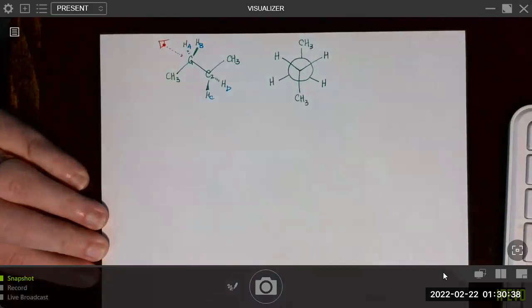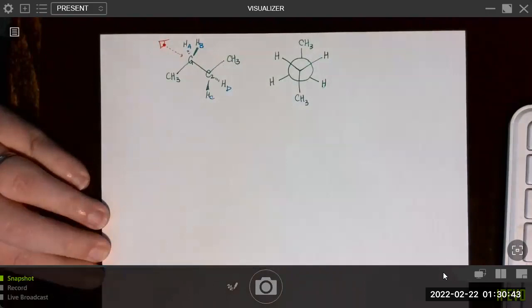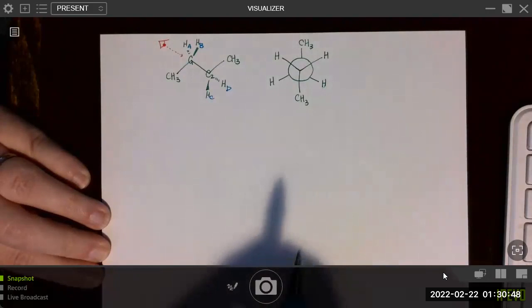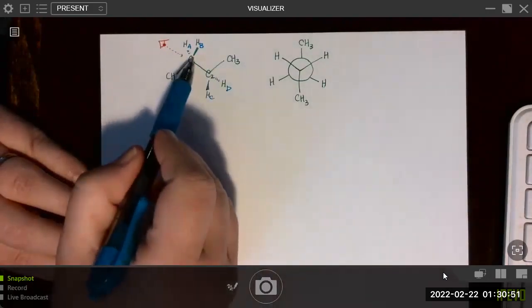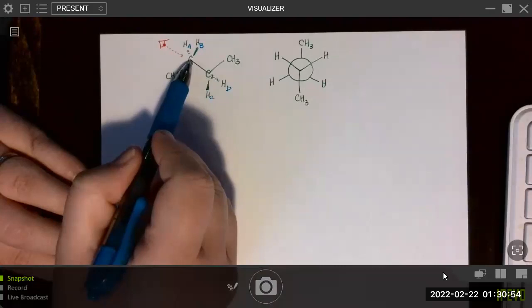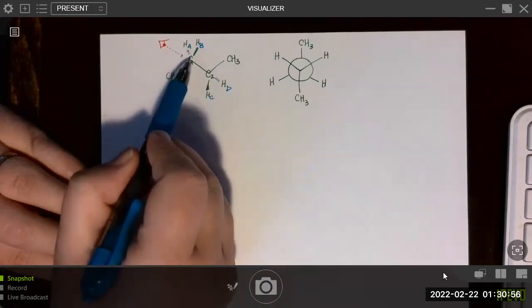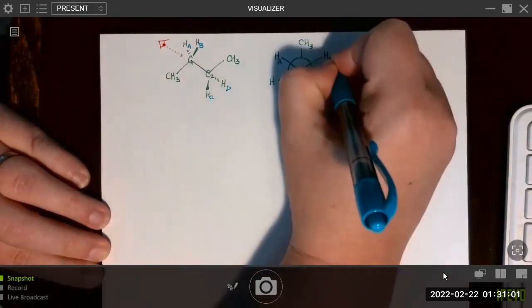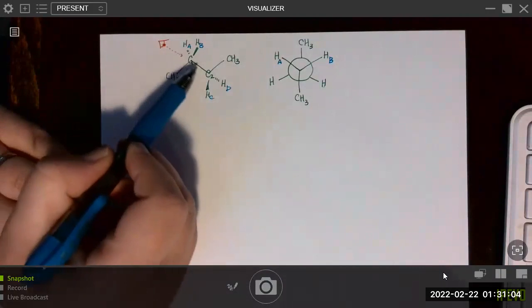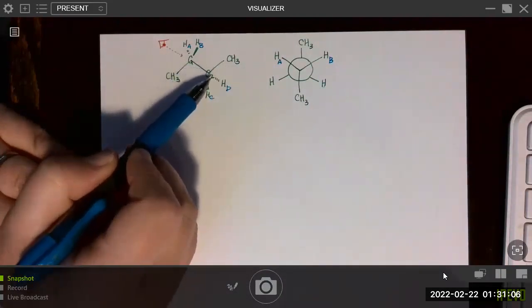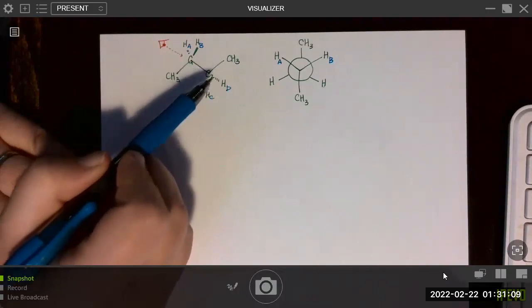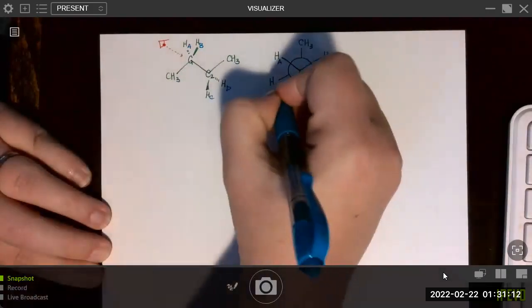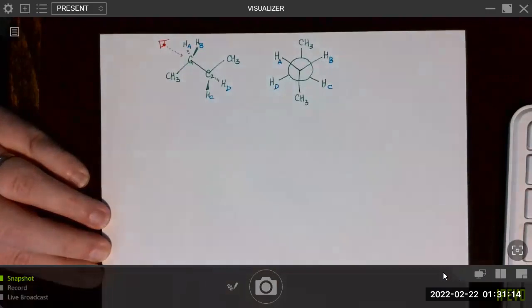That will help you visualize in case you're looking at an example where one of the groups isn't a hydrogen, and you would need to differentiate exactly where it is. So if the person is looking this direction, up and to the left is HA, and coming out of the page and to our right is HB. And then from this person's perspective, pointed back down into the page, going to the left would be D, and going to the right is C.